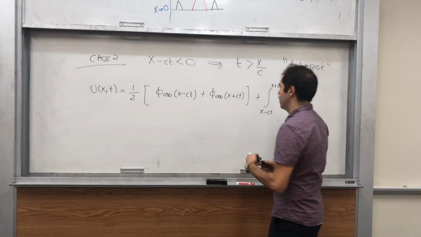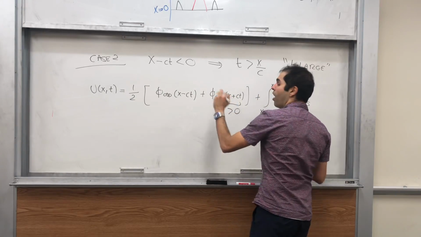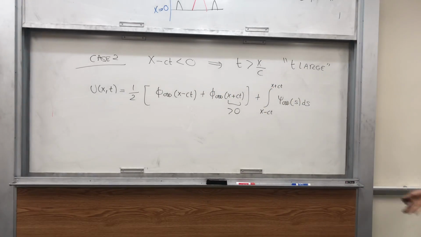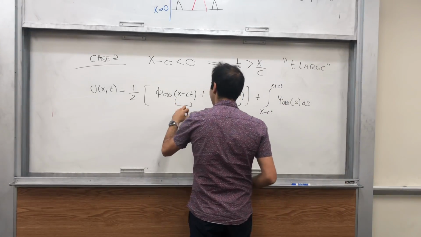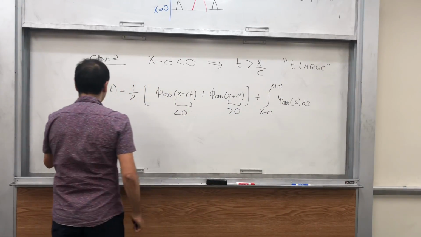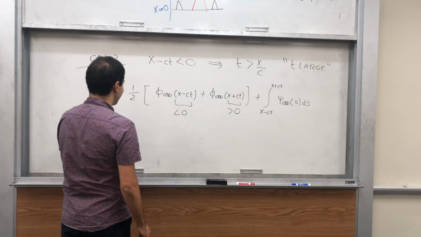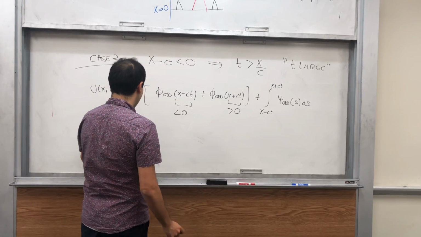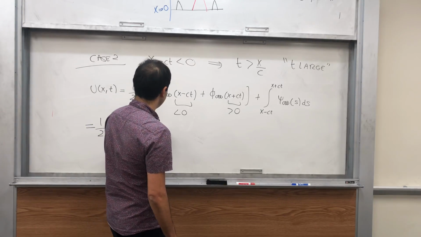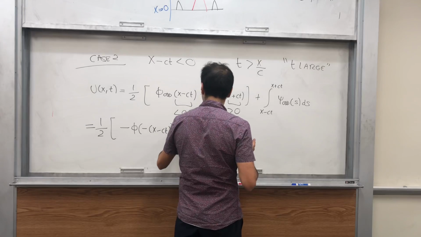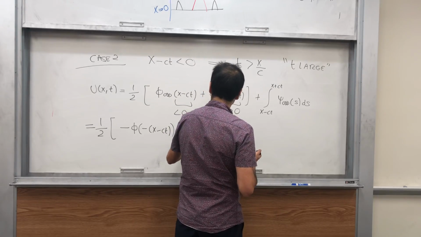Now, x plus ct is still positive. That's not a problem. The new thing is x minus ct becomes negative. So that becomes 1/2, by definition, minus phi of minus x minus ct plus phi of x plus ct.